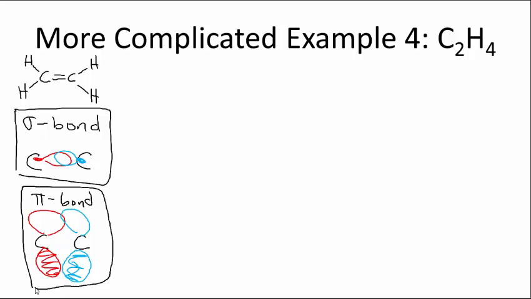There's less stabilization from the atomic orbitals to the pi bonding orbital, and less destabilization to the pi antibonding orbital. So sigma bonding orbitals end up lower in energy than pi bonding orbitals, and sigma star orbitals end up higher in energy than pi star orbitals.